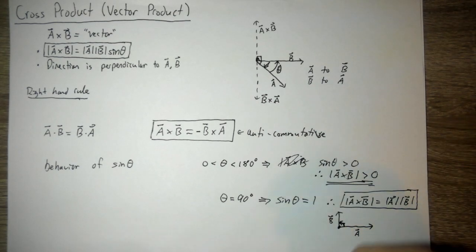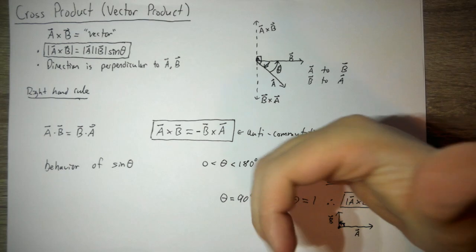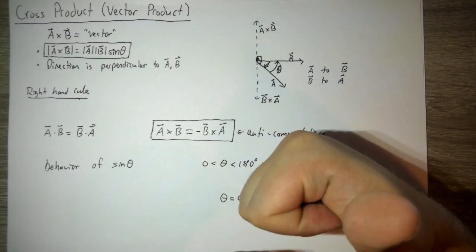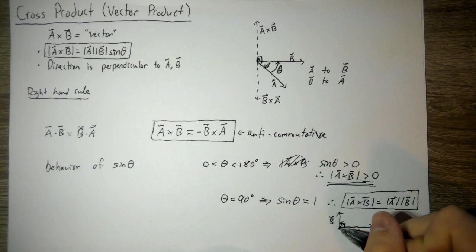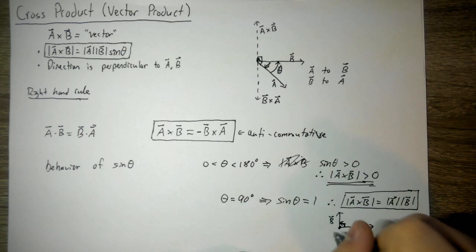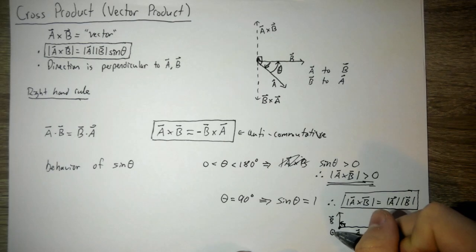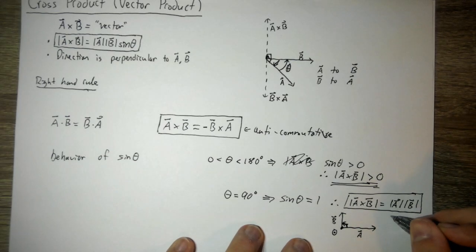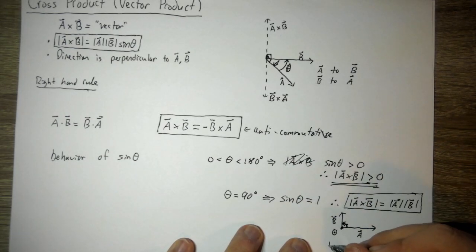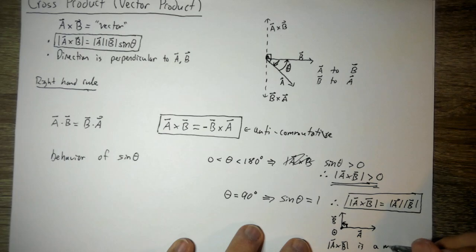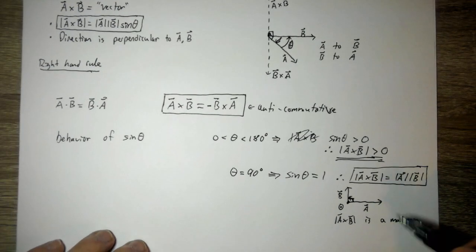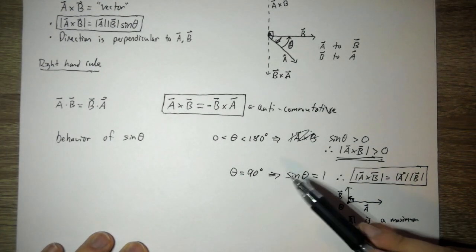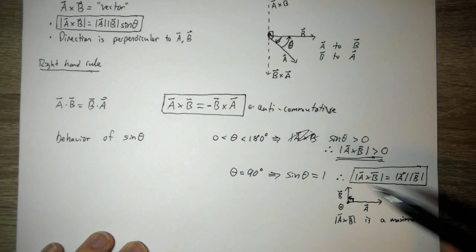If you do your right-hand rule, you're curling your fingers this way, and your thumb is pointing straight at you. So this vector is going to come straight out of the page, and we use this symbol for that. Anyway, this 90 degrees means that the magnitude is a maximum, which is exactly the opposite of the dot product, because the dot product at 90 degrees was 0.